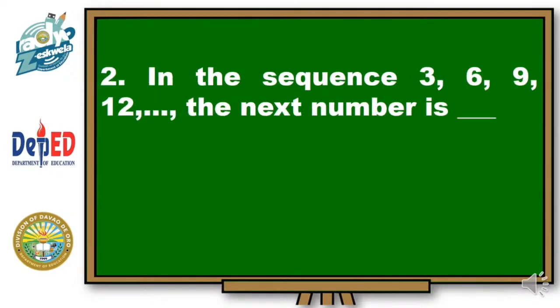We'll now have item number 2. In the sequence 3, 6, 9, 12, the next number is blank. In this item, I am giving you enough time to find the number next to 12 and identify what type of reasoning is being used.